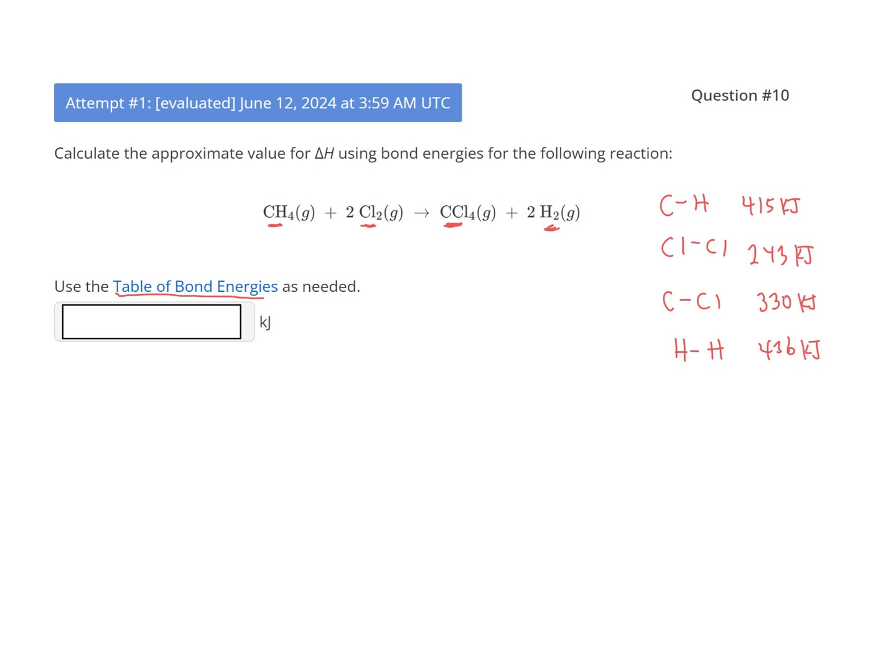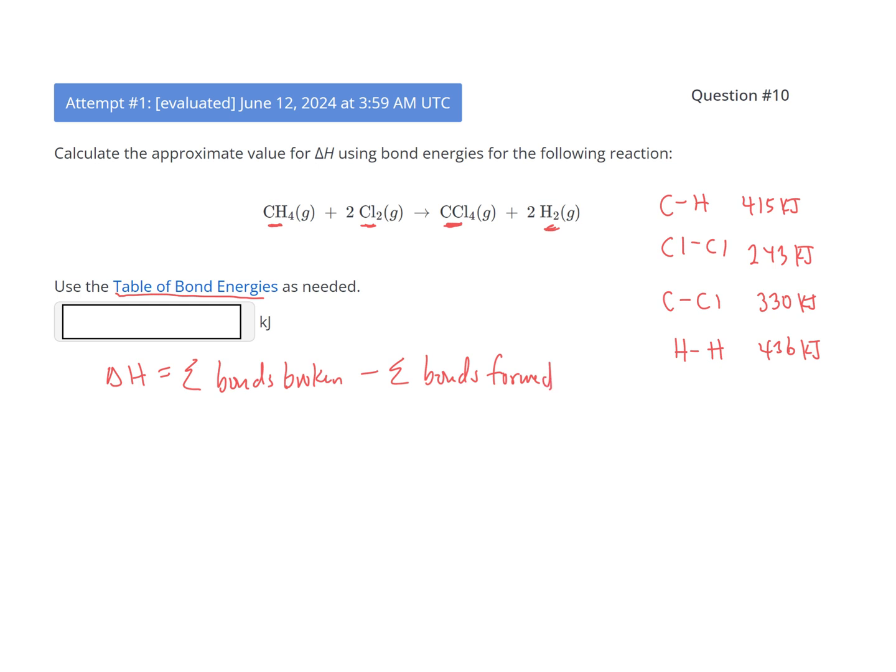We can do the same summation calculation where the delta H of this reaction is the sum of the energy of the bonds broken minus the sum of the energy of the bonds formed.